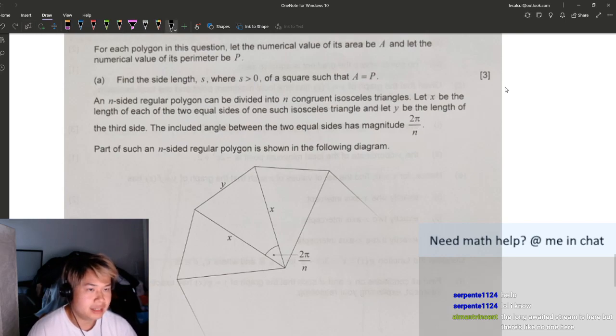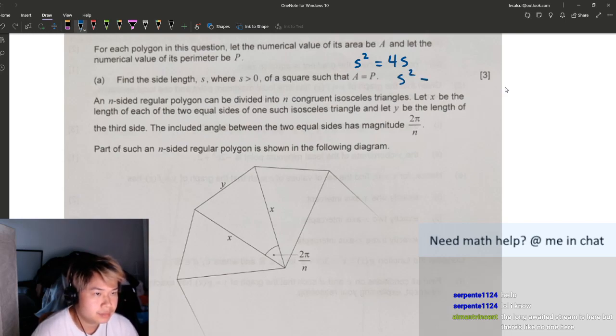Okay, well the area of a square is side times side, side squared. The perimeter of a square is 4 sides, S plus S plus S plus S. And then we need to solve this, so we have this quadratic.